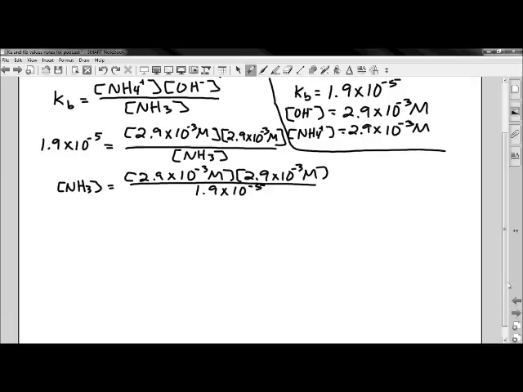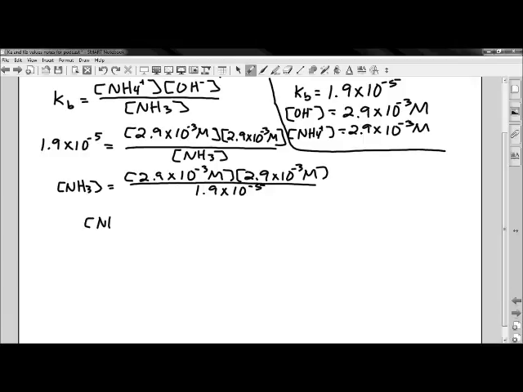All right, so I'm going to plug this into my calculator. Now I'm going to divide that by 1.9. And what do I get?